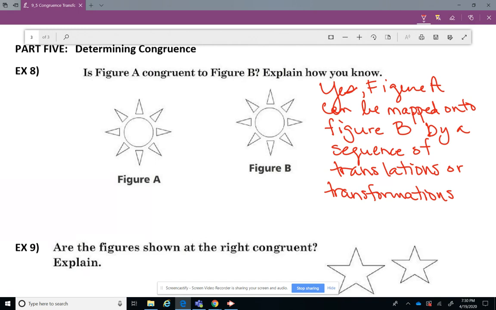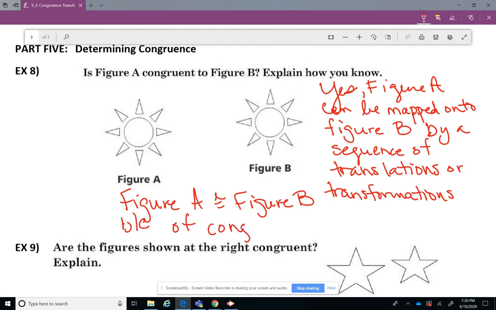So figure A is congruent to figure B because of congruence transformations.